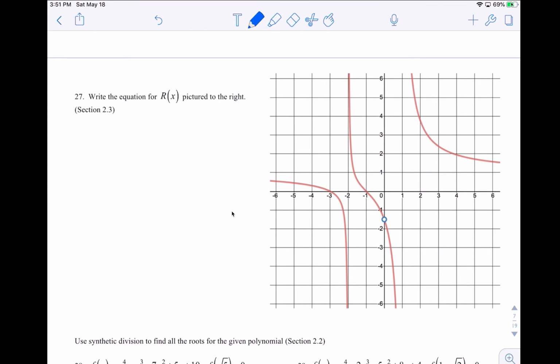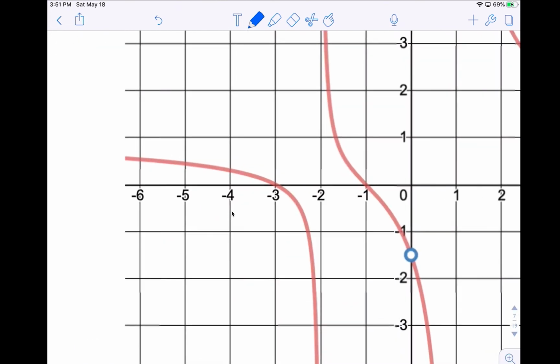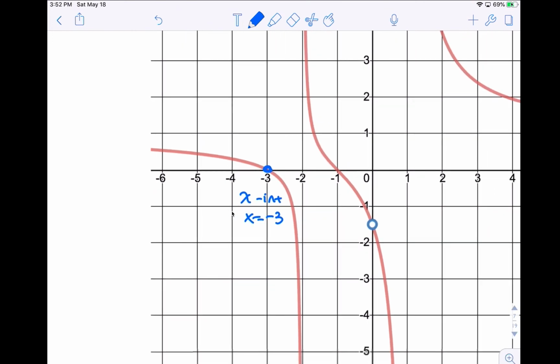All right, 27, write the equation for r of x pictured to the right. All right, so this is kind of like working backwards. So I have an x-intercept at x equals negative 3. I have a hole at x equals 0, the point 0 and negative 3/2.